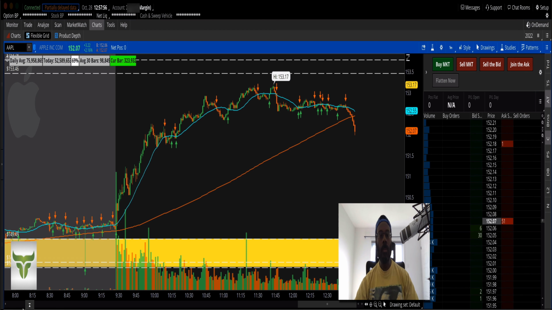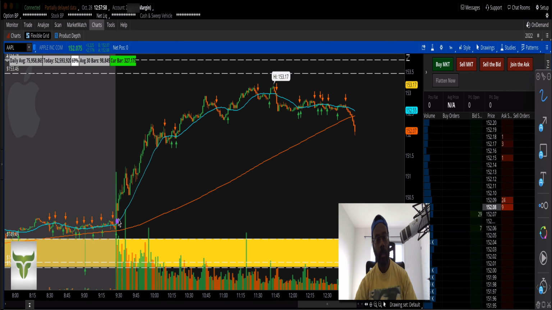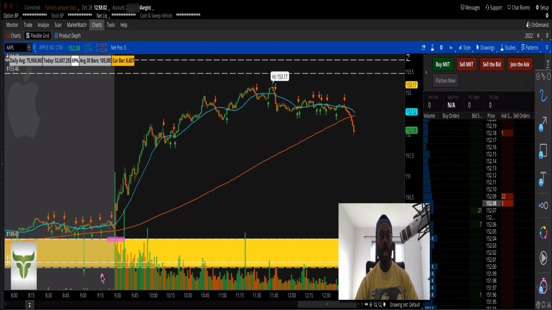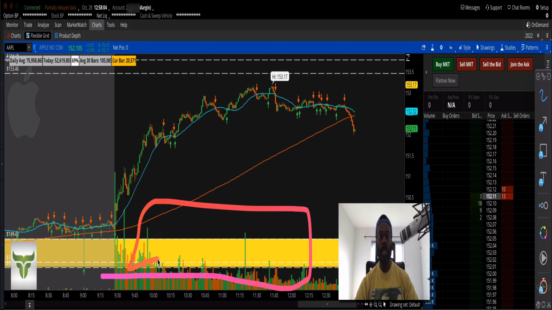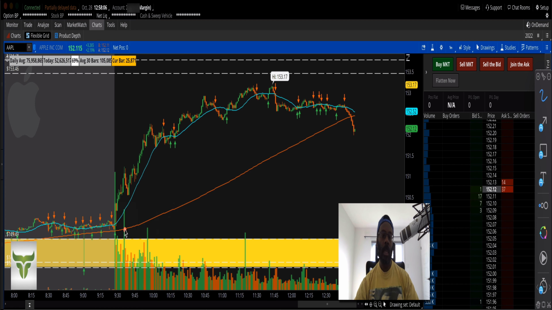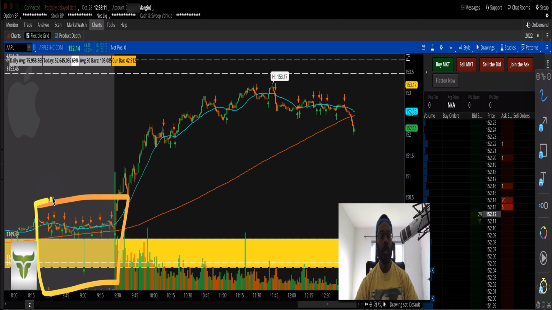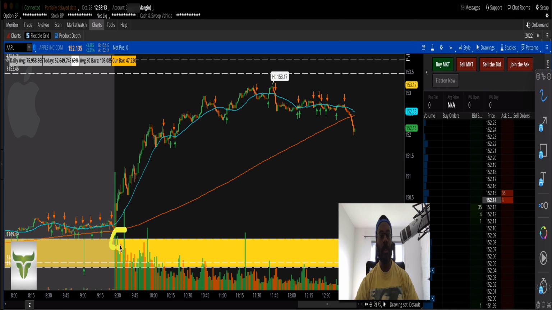So what we do is we map it all out, and then we draw our box in our rectangle. We do all this in pre-market. So when the stock opens up, if it opens up above the box, we go long. Right here, we're going long.